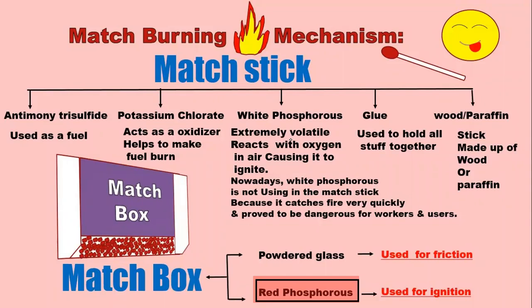White phosphorus or red phosphorus is extremely volatile and easily ignites. Phosphorus is present in the box, and the match head contains sulfur. Glue is used to hold the stuff together, because otherwise it will not stay in place. When you strike the head of the matchstick against the side of the box several times, due to the friction the surface gets heated up and ignites.